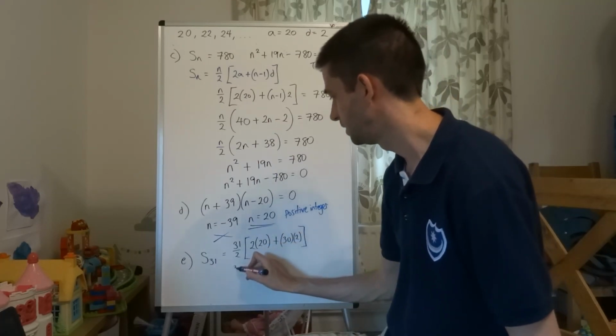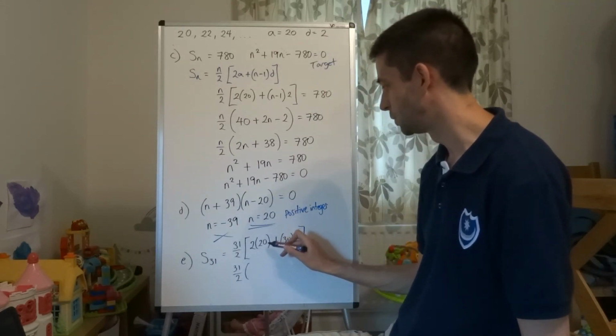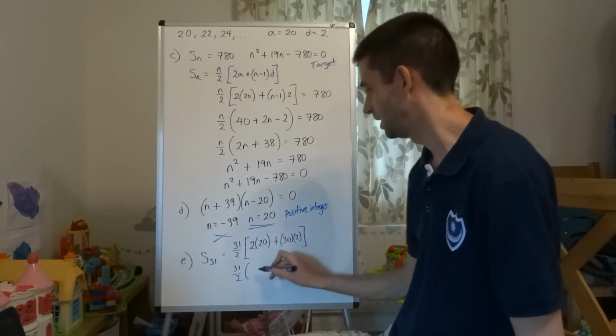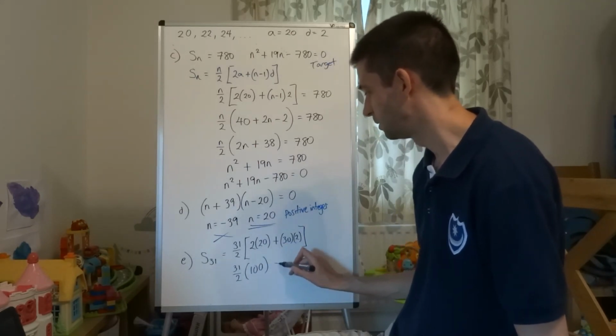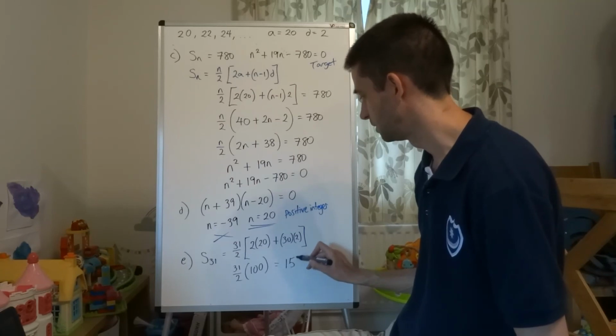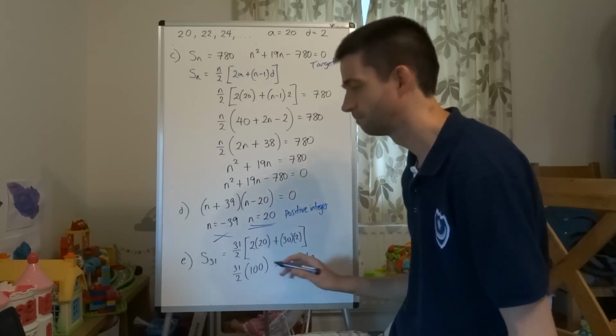So I've got 31 over 2 times by, and in my bracket I've got 40 plus 60, which is 100, which gives me the rather beautiful 1,550 kilograms, which is a lot of plums.